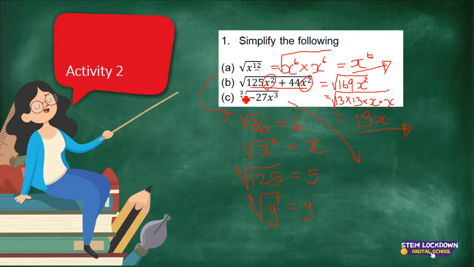Here I'm looking at the keywords. Which number did you cube to get negative 27? This one is a bit tricky because this is a negative. But if you recall, a negative times a negative is a positive, times a negative is a negative. So this must be a negative number.